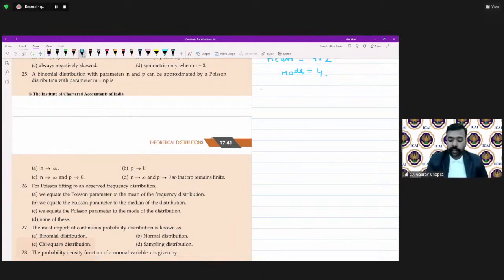But whenever n becomes very large, such that n tends to infinity, p becomes very low, that is, tends to zero, and np is a finite value, then binomial will get converted into Poisson distribution. Okay.